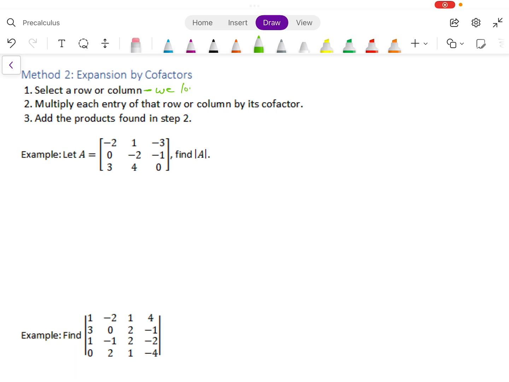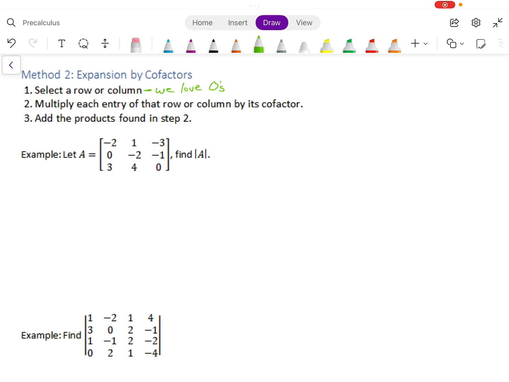In fact, we love zeros. Zeros make things a lot easier. So if you can find a row or column that has zeros in it, that's great. Ones and -1s are also nice because they're easy to work with. So we're going to select a row or column, multiply each entry of that row or column by its cofactor, and add up the products found in step 2.